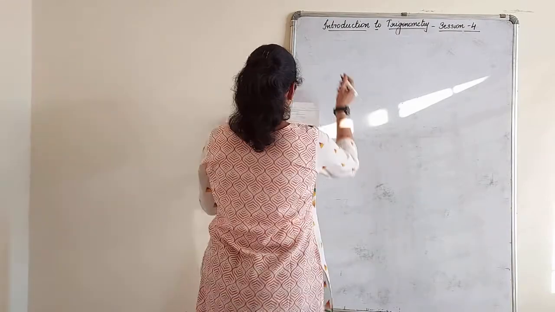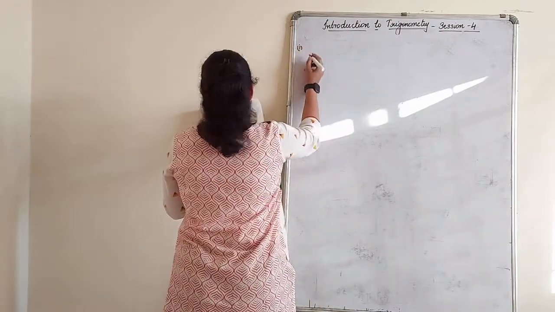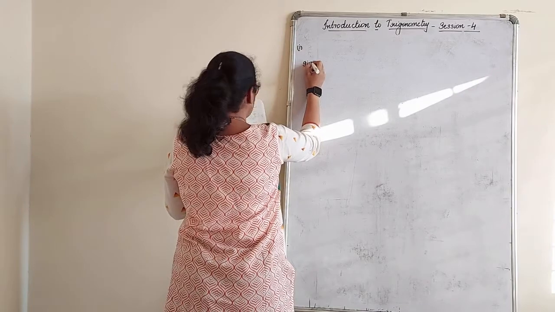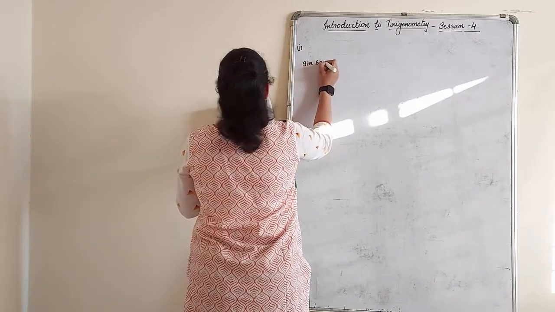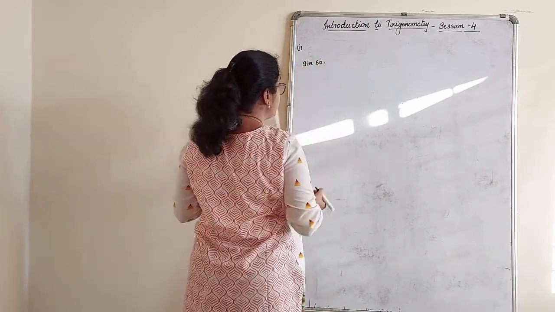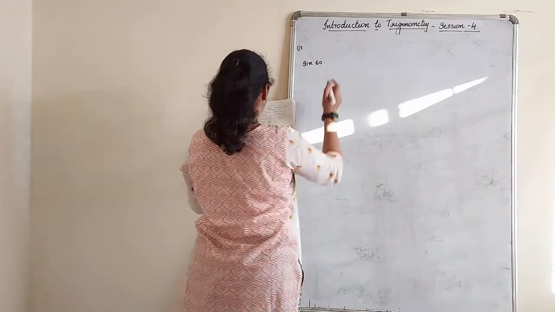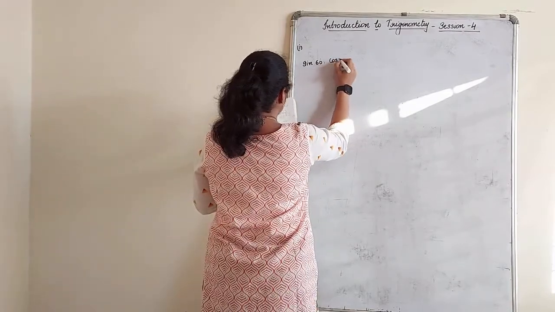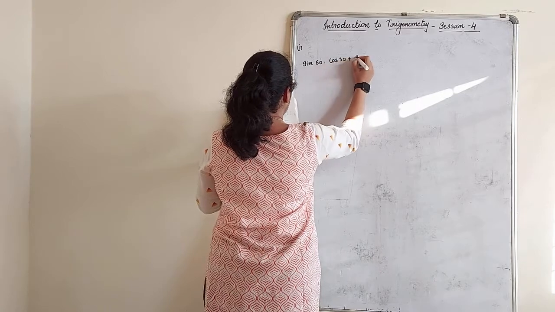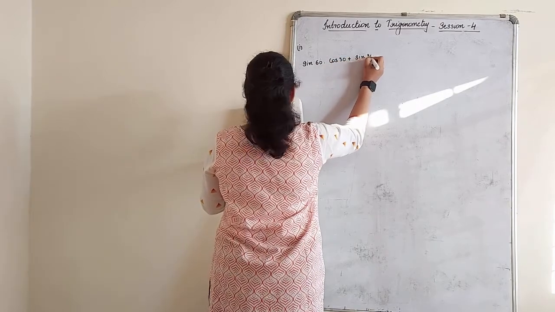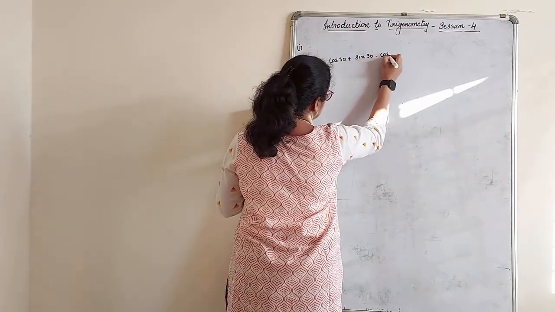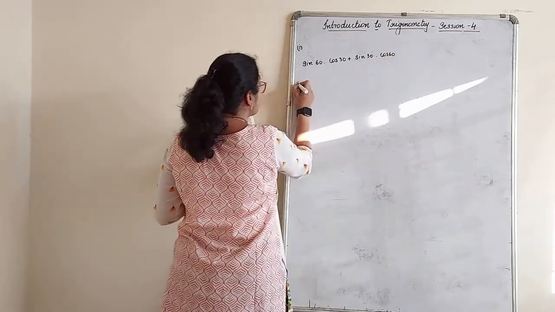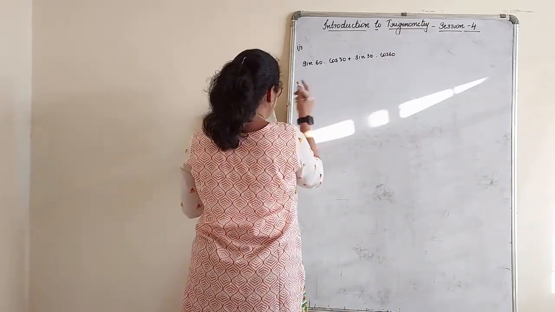First one, evaluate sine 60 cos 30 plus sine 30 cos 60. Where nothing or a dot is mentioned, that means it is a multiplication. So what is sine 60?